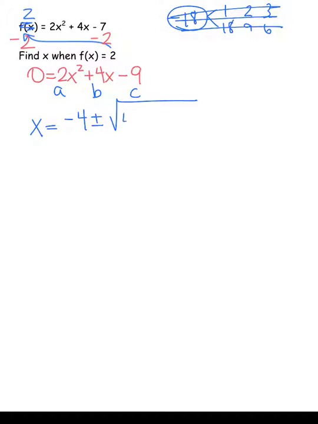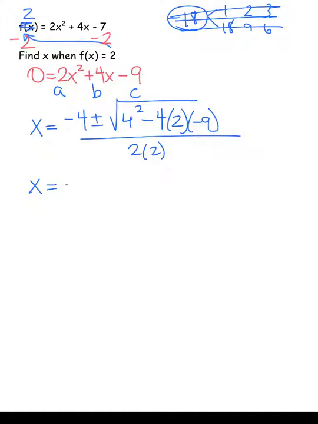B squared, so 4 squared, minus 4 times a, which is 2, times c, which is negative 9, all divided by 2a, which is 2 times 2 in this problem. Okay, so we make it neater. 2 times 2 is 4. Let's switch it out.